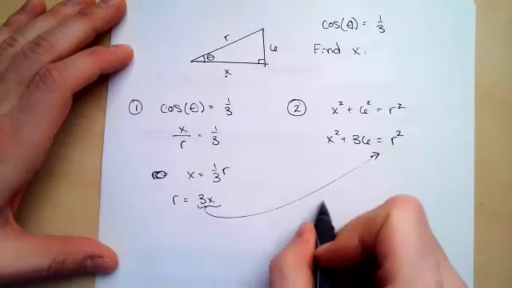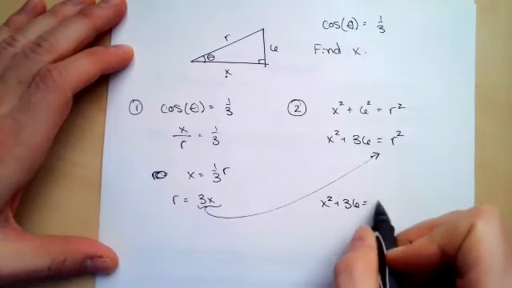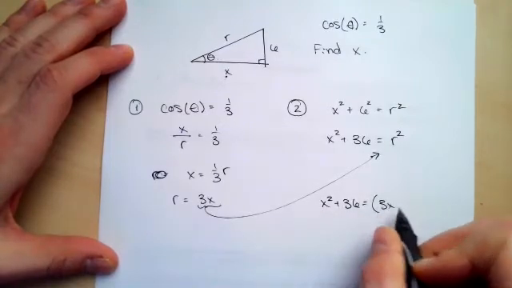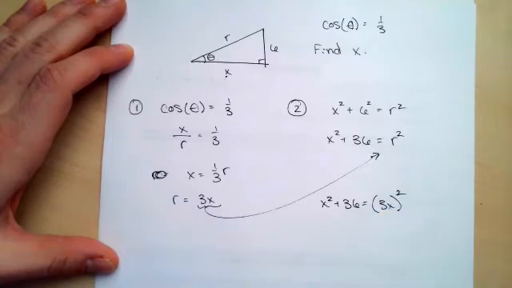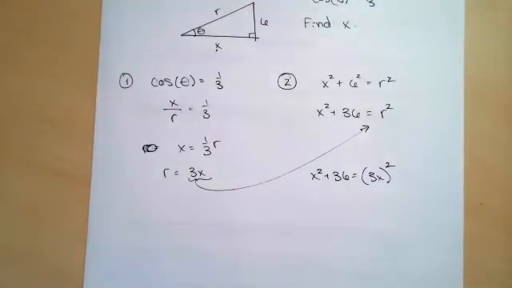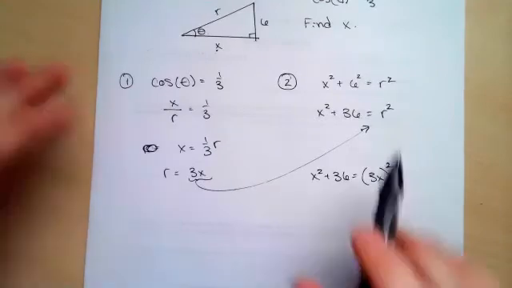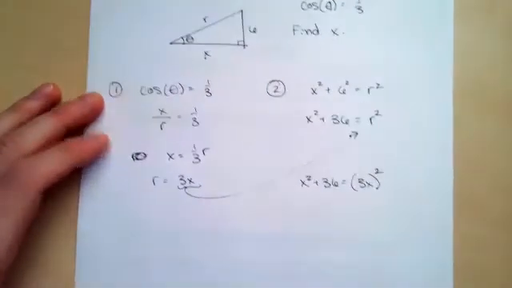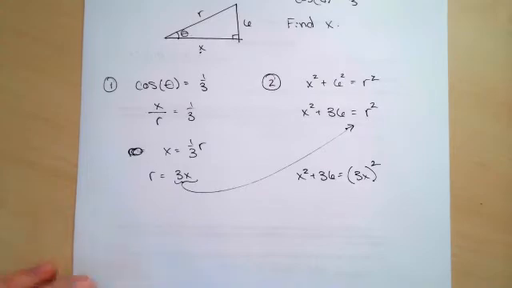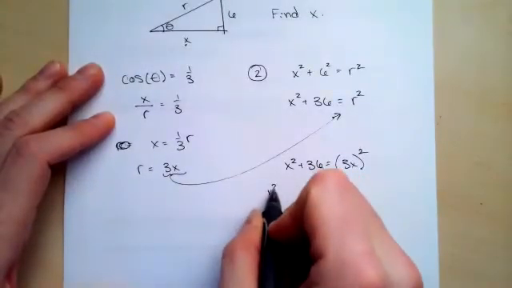And now when we stick that in, we'll have x squared plus 36 is equal to, remember your parentheses, r itself is 3x, all squared. And when we substituted out the information of r, all we're left with in our problem is x's. And that's what we want to find. And so the rest is just a quadratic.